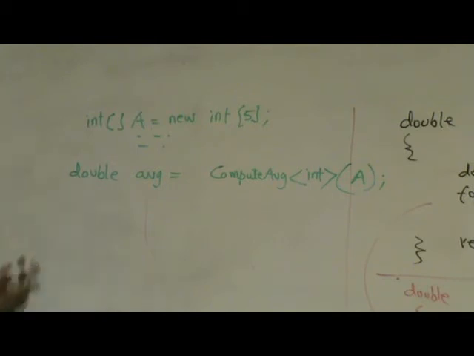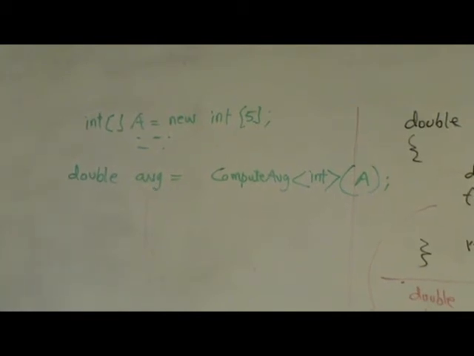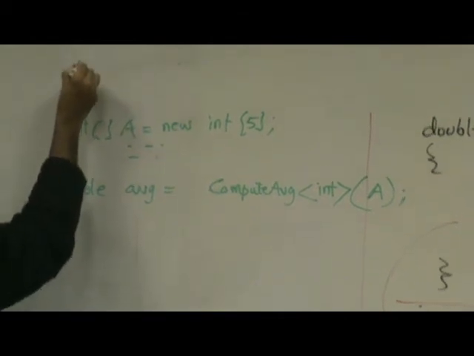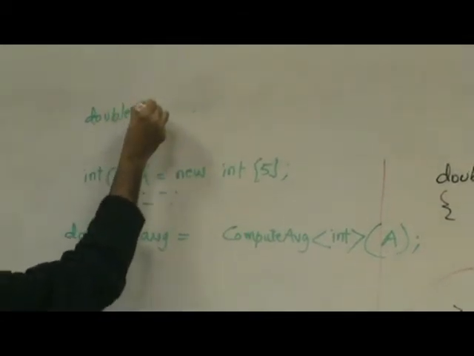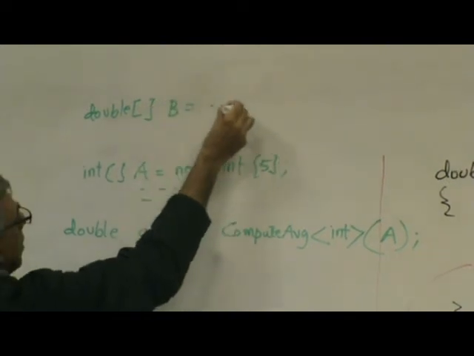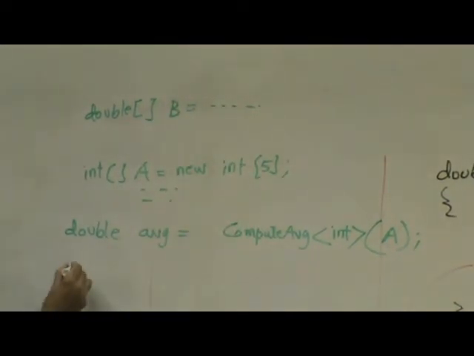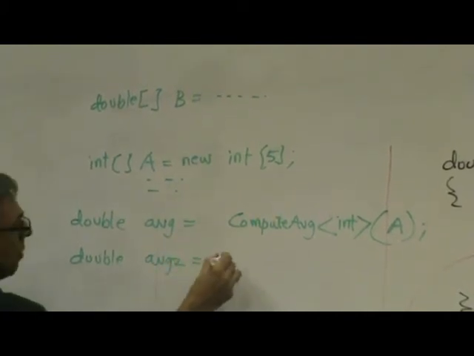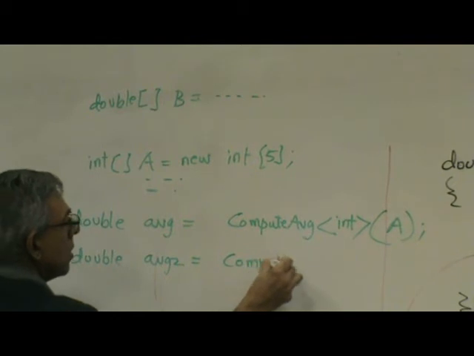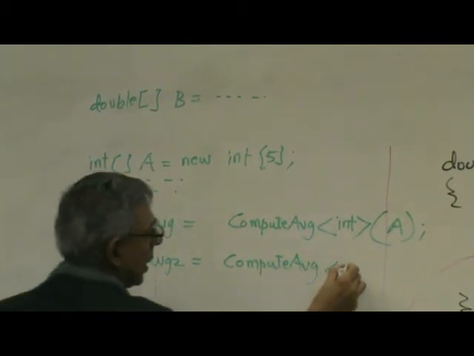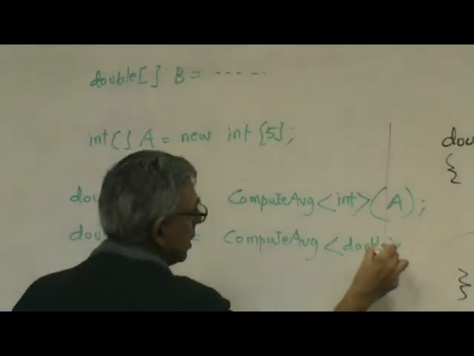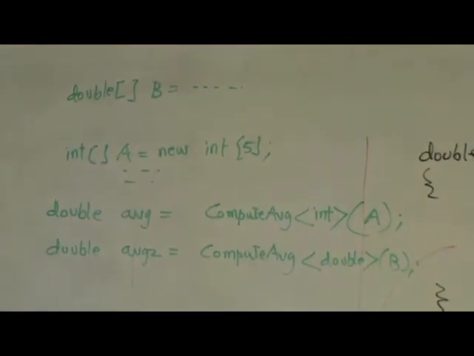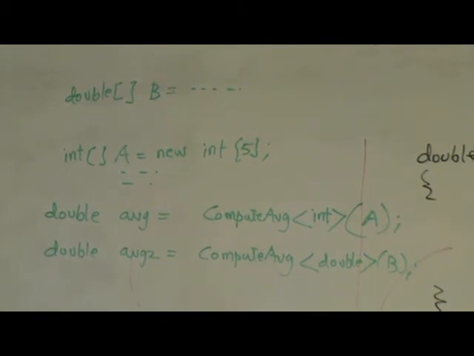And this will give them the answer. What if they created an array of doubles? Then how will they call it? Double AVG2 equal to computeAVG, and over here it will be double, right? Everybody agrees?